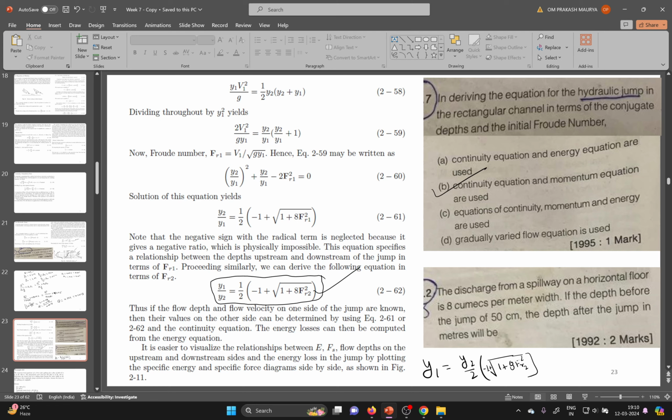Always remember that if y2 is on the right hand side, then Fr2 will be used, that is the Froude number corresponding to y2.